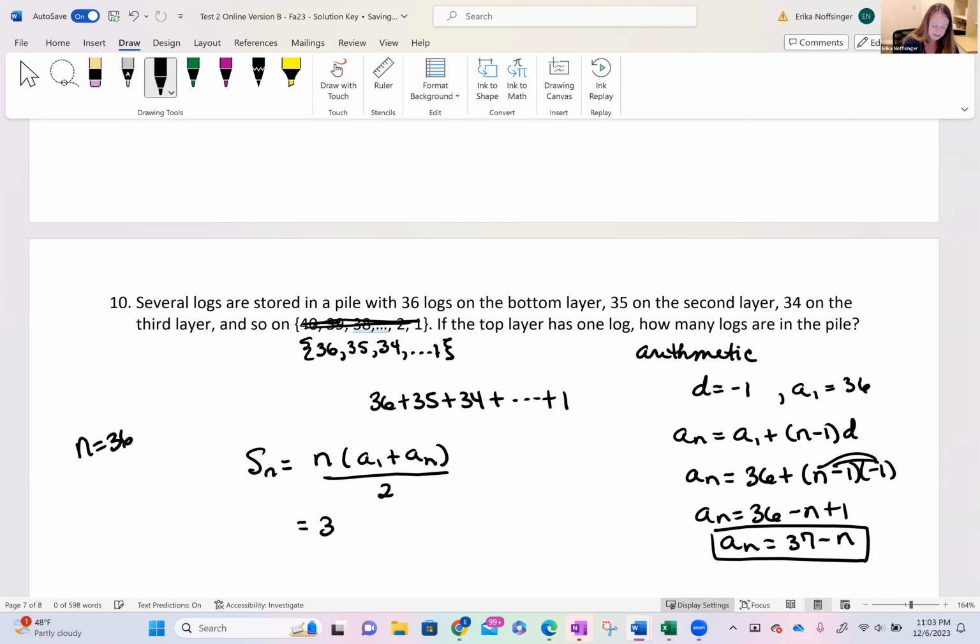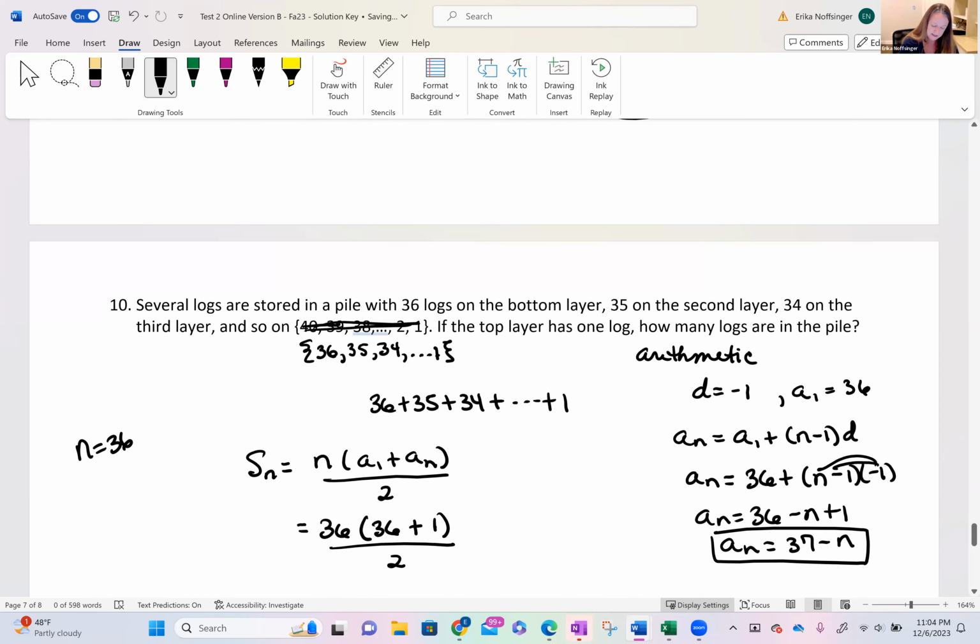So I have 36 times the first term, which is 36, plus the last term, which is 1, all over 2. So doing this, we get 36 times 37, but 2 goes into 36 18 times, so we really have 18 times 37.